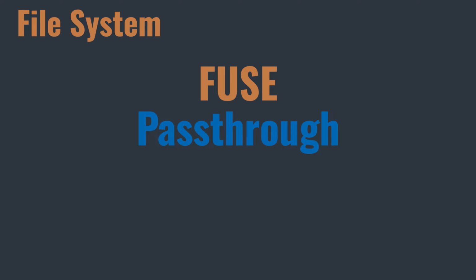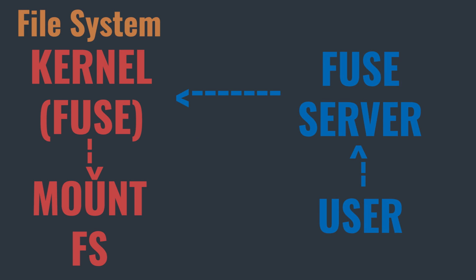Now with Fuse, if you have this little Fuse extension in the kernel, you can use the Fuse server to communicate with it and actually make some file system on the user side, so without administrative privilege. So that's a really good thing that allows for more flexibility on the user side.